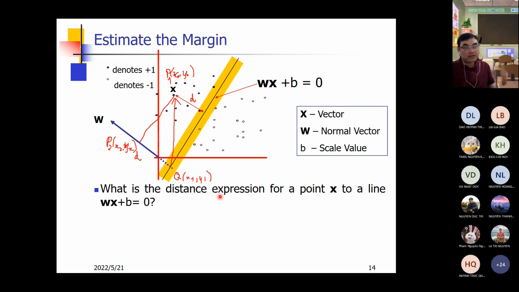By using the formula provided for calculating the distance from a point to a line using the y vector, we get this distance d. When I project it to here, this will also be d.